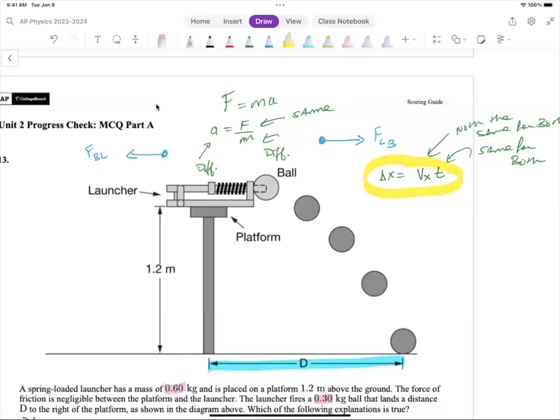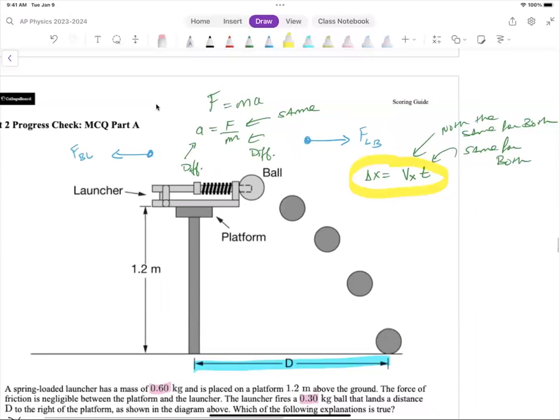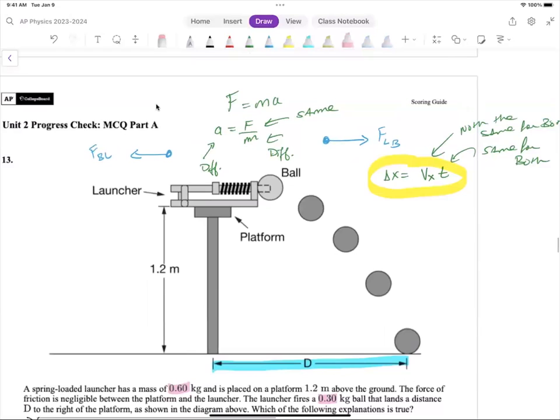So I need to understand what the initial velocity is of the ball and the launcher after it is launched, and how the mass may or may not have impacted it. The initial velocity of the ball and the launcher was 0 in the X direction, and then all of a sudden a force got applied to it for some period of time. Those forces are identical, okay?